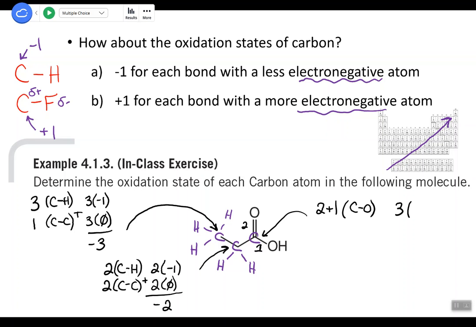That means 3 total bonds to this more electronegative atom. That means the oxygen gets the -1, which means carbon gets a +1 oxidation number for each of the bond orders to oxygen. Then I have 1 carbon-carbon bond. I can add those together. Therefore, this carbon atom must have an oxidation number of +3.